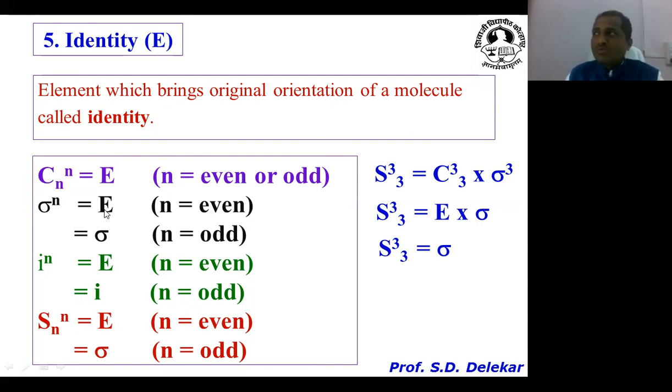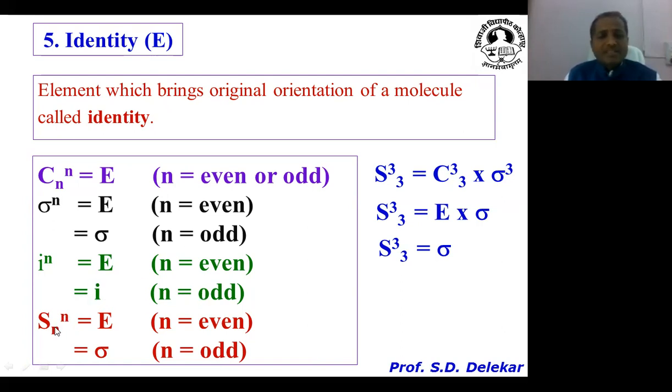In all such cases, we are getting the original orientation of the molecule, and that's why sigma raised to n is equal to E when n is an even number, and simply sigma when n is odd. The same in the case of center of inversion. If you perform inversion 2 times, or 10 times, or 1000 times, we are getting the original orientation of the molecule. So this is simply E, and for odd it is simply i.